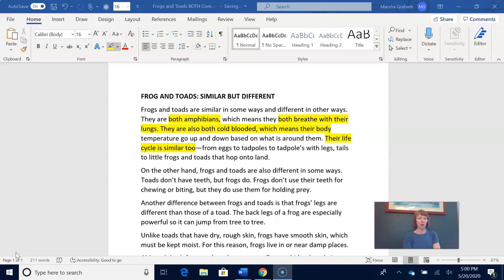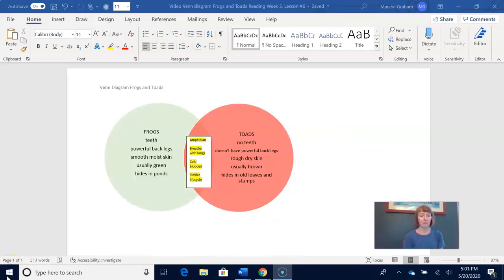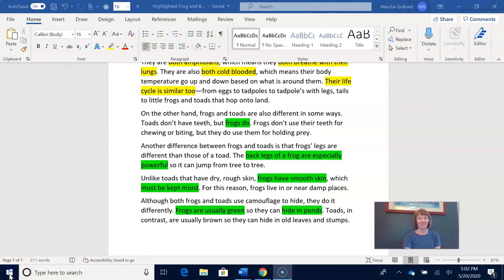They also are both cold-blooded, which means their body temperatures go up and down based on what is around them, and their life cycle is similar too. In the Venn diagram, I have placed amphibians, breathe with lungs, cold-blooded, and similar life cycle in the center portion of the circles.